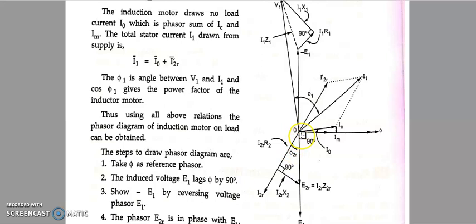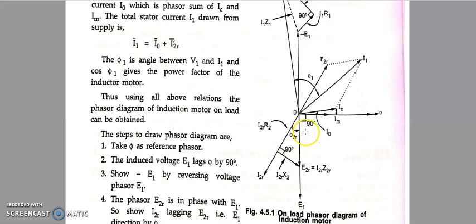If it was leading, I2R would have come somewhere here, when I'2R would have gone here. Anyhow, it is all right. We can draw I'2R first here. If it is a lagging load, make sure it comes in the first quadrant, I'2R, and I2R will be opposite to that.